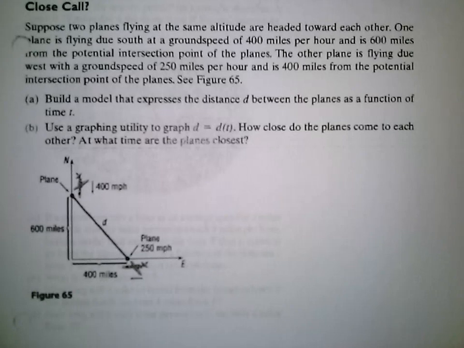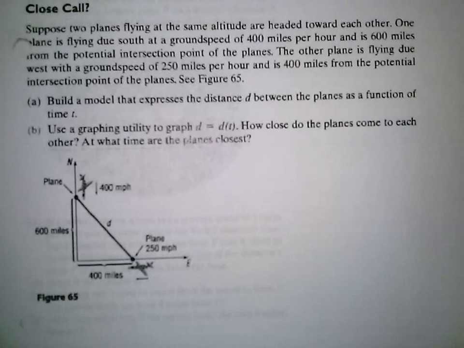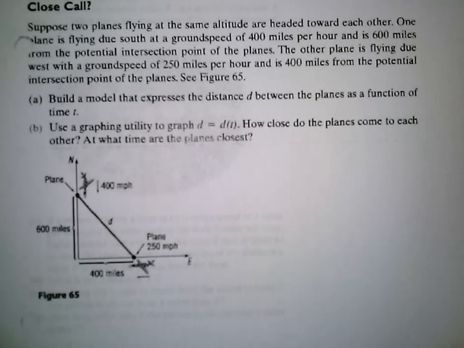The other plane is flying due west with a ground speed of 250 miles per hour and is 400 miles from the potential intersection point of the planes. So what we're supposed to be looking for is a model that expresses the distance d between the two planes as a function of time t.